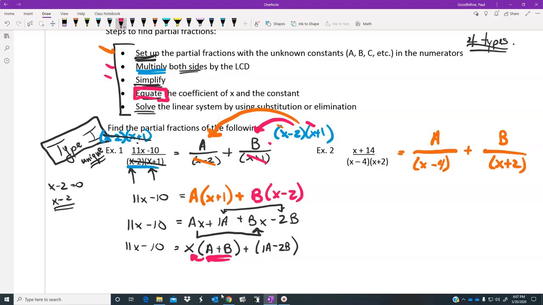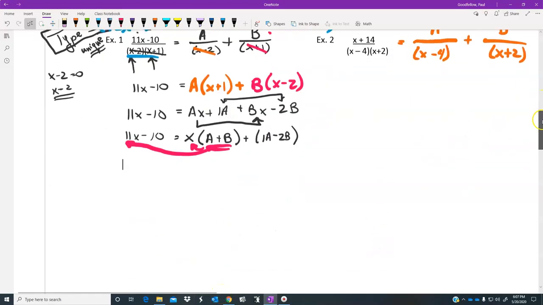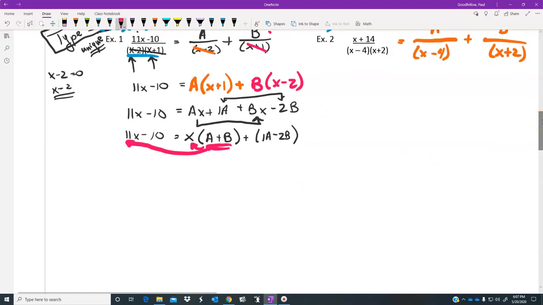And if I want to equate, this a plus b is really technically in the same location as this 11. And what that equating allows me to do is to write a separate equation about a and b. That a and b, ultimately, if I'm going to equate that the left side is equivalent to the right, would be equivalent to 11.